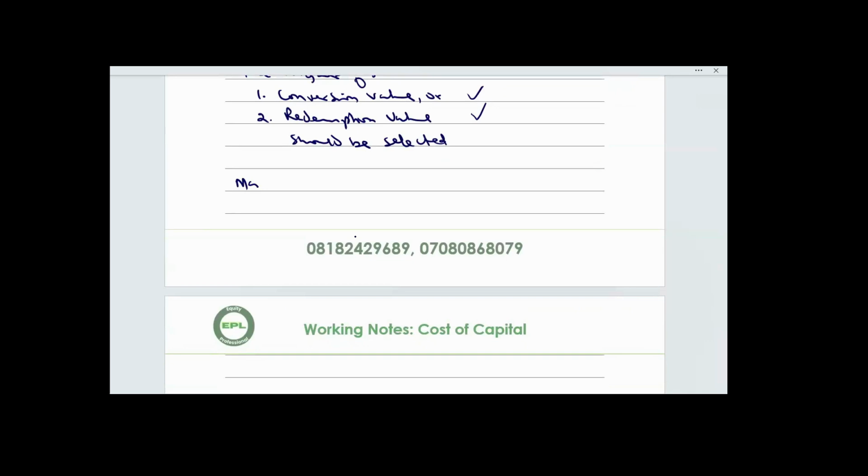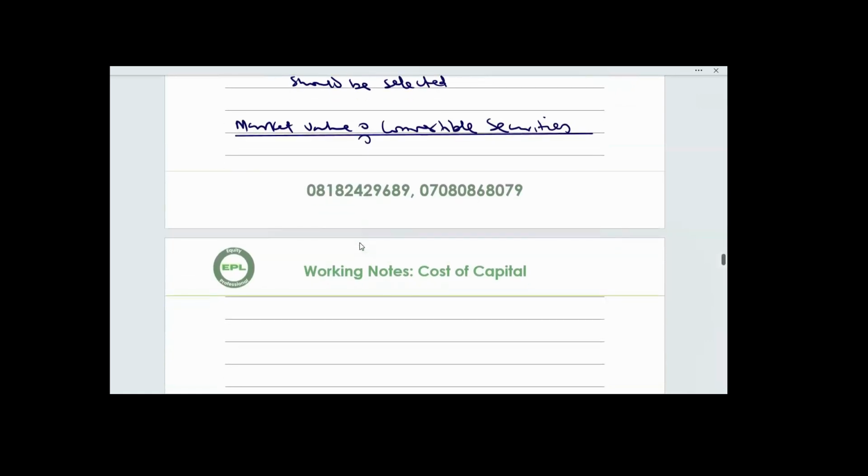Market value of convertible security. What do you mean by market value of convertible security?